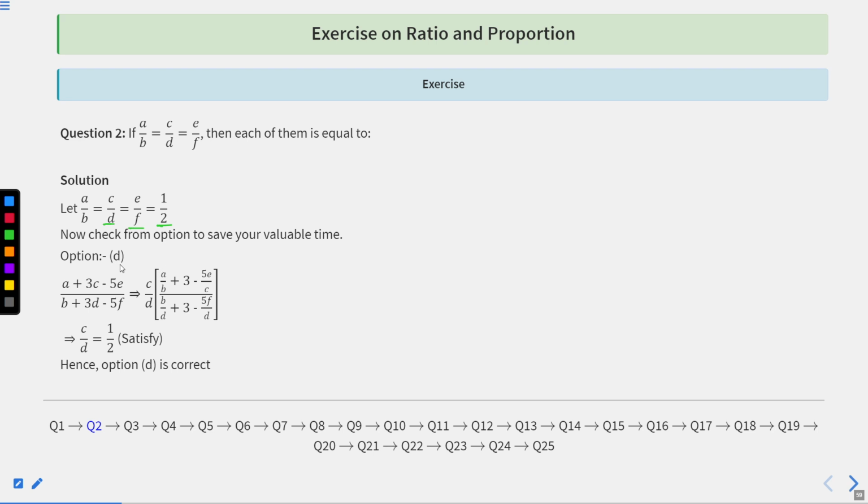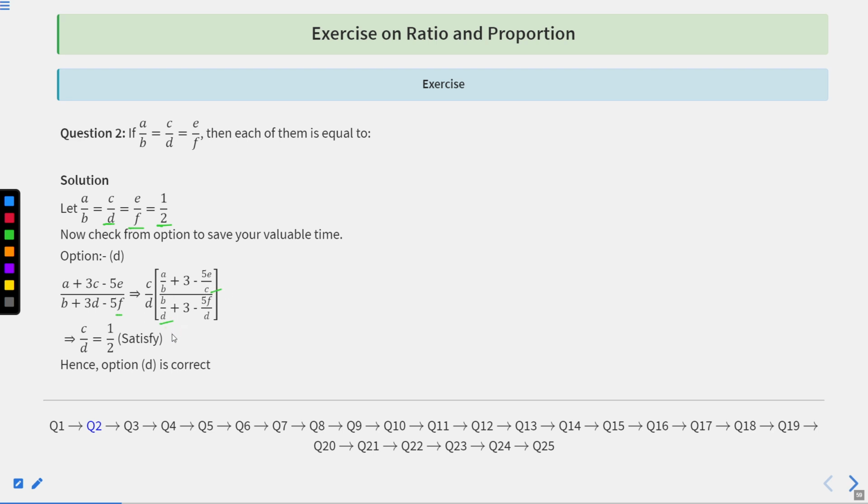So let us see option D. (A plus 3C minus 5E) upon (B plus 3D minus 5F). So I can take C common. I will have C times of (A upon C plus 3 minus 5E upon C).